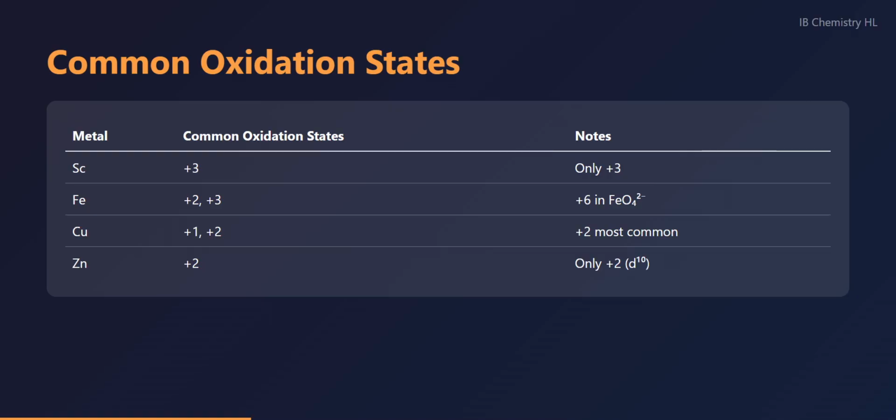Iron commonly shows +2 and +3, though +6 exists in ferrate ions. The most common oxidation state for copper is +2, though +1 exists in some compounds. The relative stability of different oxidation states depends on the ligand environment and can be predicted using redox potential diagrams.